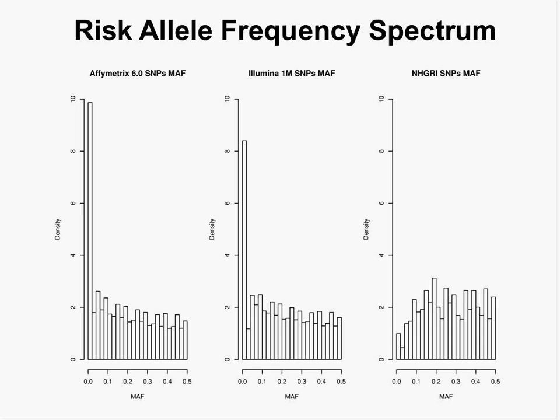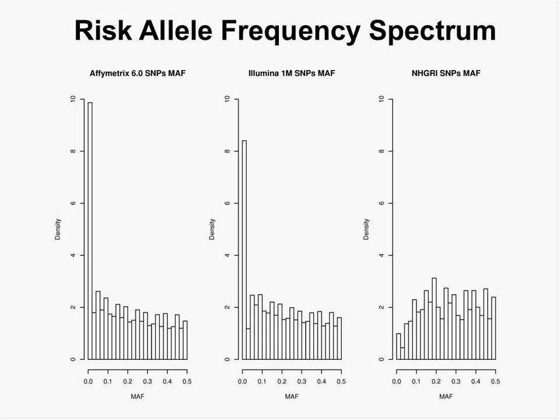So here I show the minor allele frequency spectrum of DNA variants interrogated on commonly used GWAS chips from earlier generations. So the Affymetrix 6.0 and Illumina 1M products. You see, the mode bin for minor allele frequency is actually for low frequency variants.